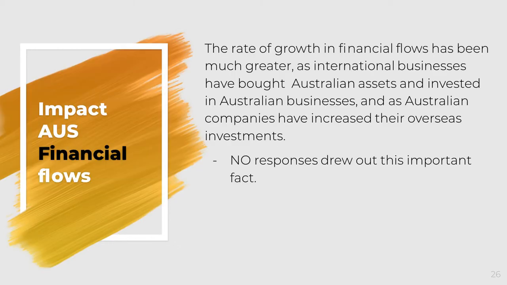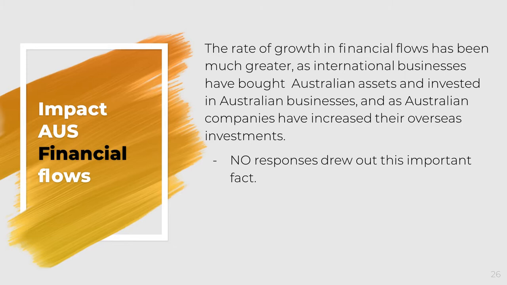Okay, moving on to the second part of the question, which was the recent changes impacting financial flows. The rate of financial flows has been much greater than the movement of goods: international businesses buying and selling assets, investments.